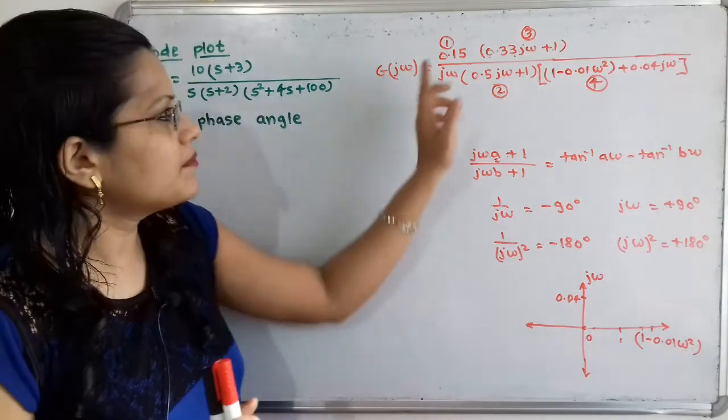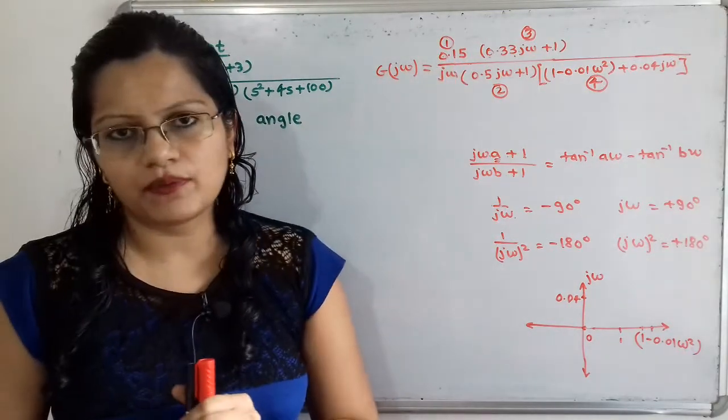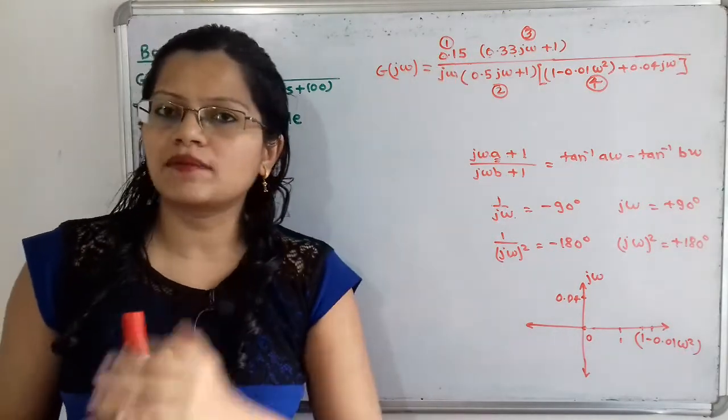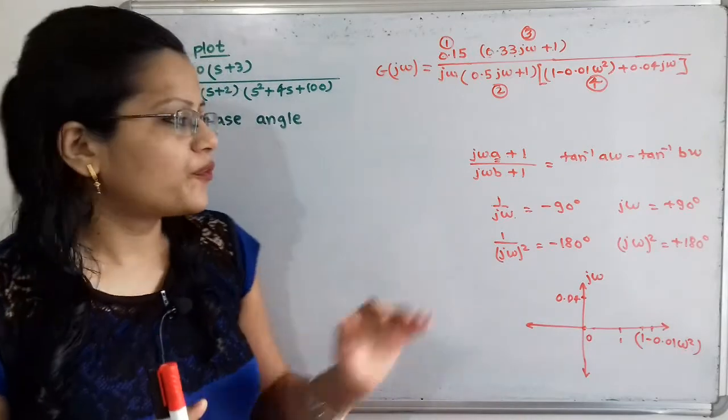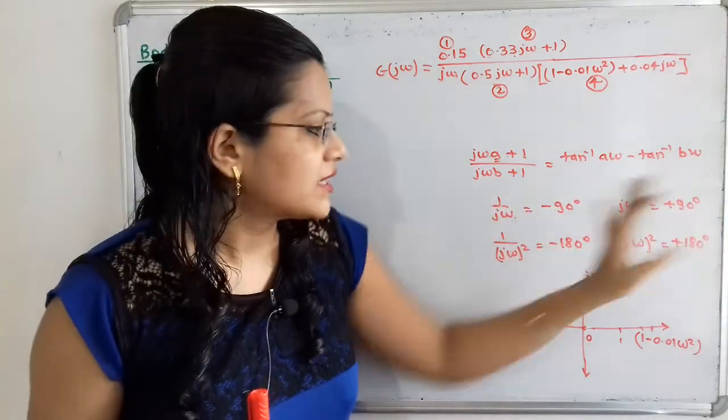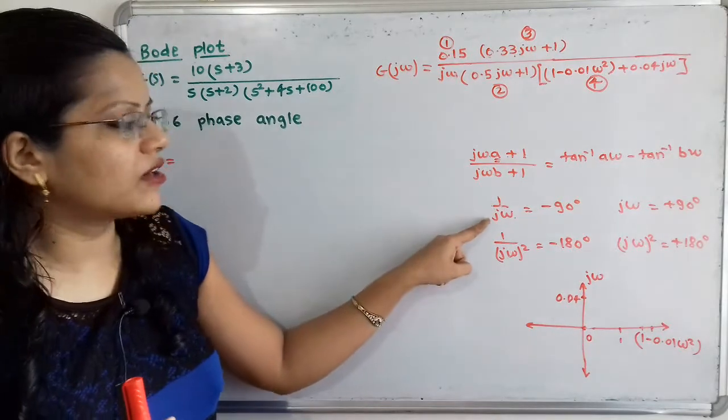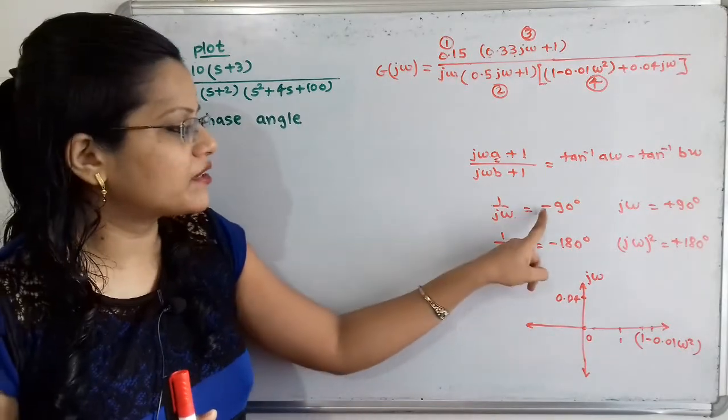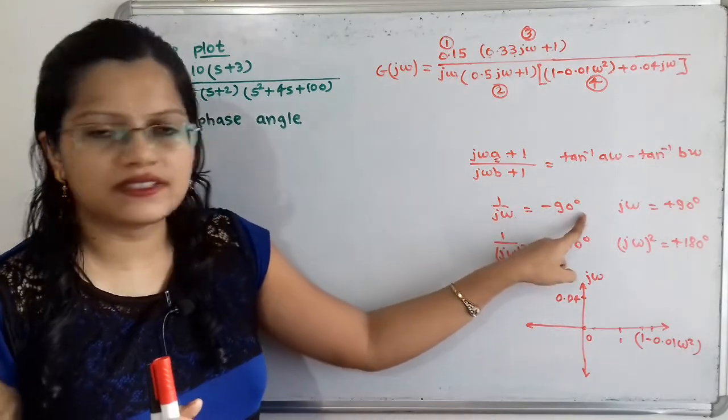Now the first term, 0.15 by j omega. Here the j omega term is in the denominator. Please note this: whenever a j omega term or s term is in the denominator, we take the angle minus 90.